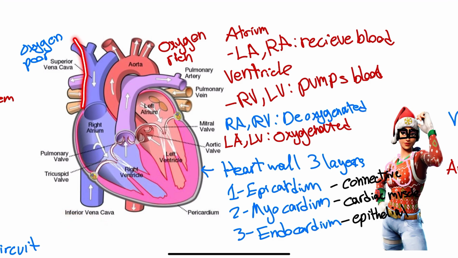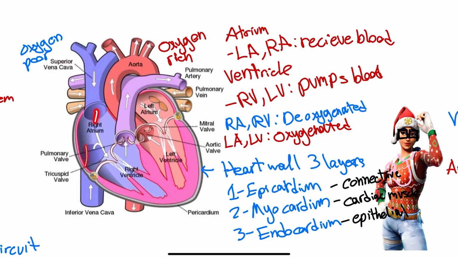So the superior vena cava is going to be bringing oxygen poor blood from the upper body, and then the inferior vena cava is going to be bringing oxygen poor blood from the lower part of your body. And basically, it's going to go into your right atrium.